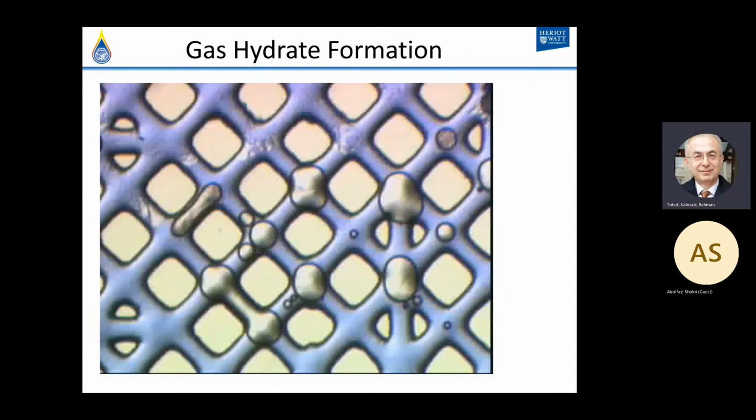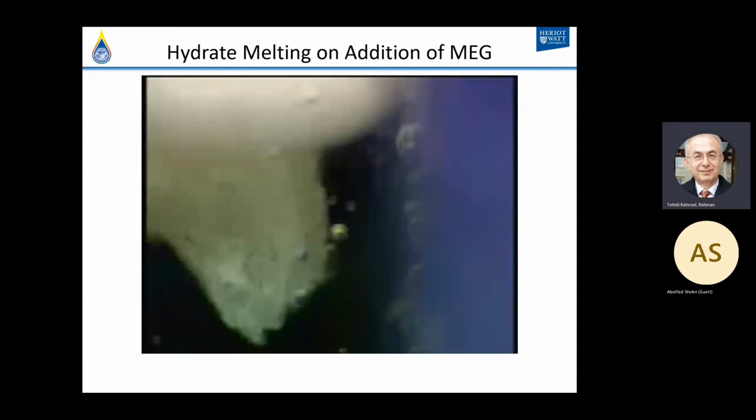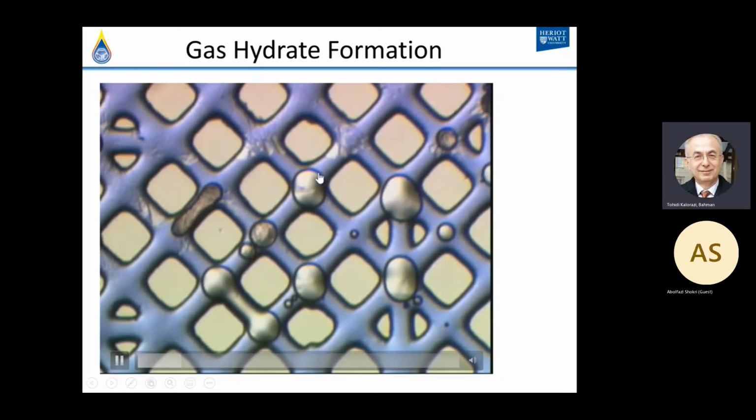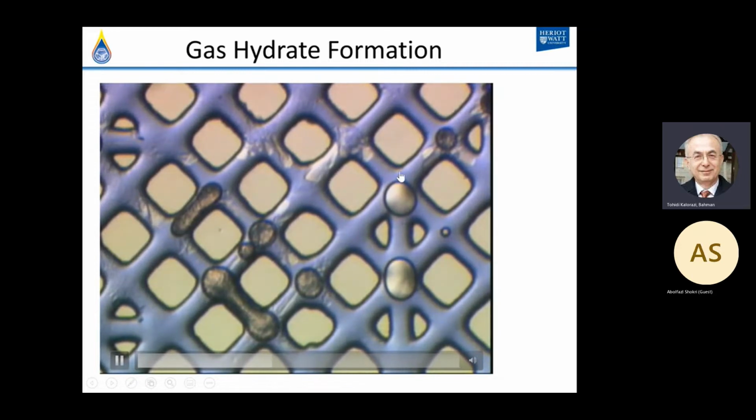So here you can see that the hydrate is growing. Here gas is dissolving in water and contributing to hydrate formation. Now here you can see that the gas is shrinking.